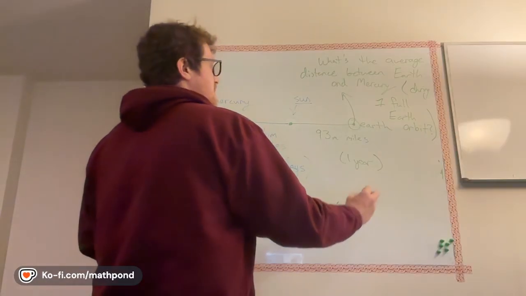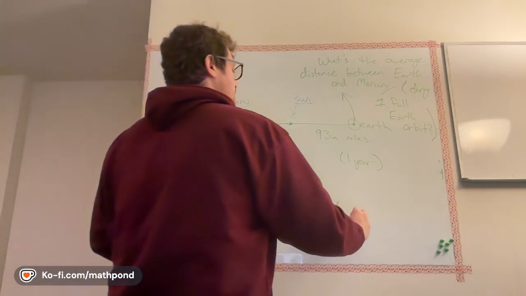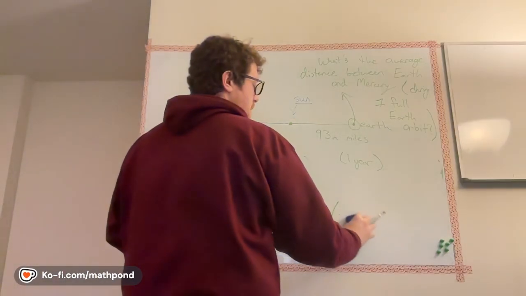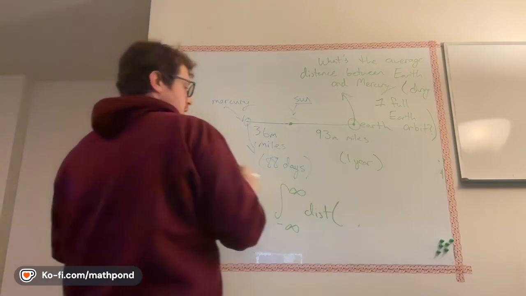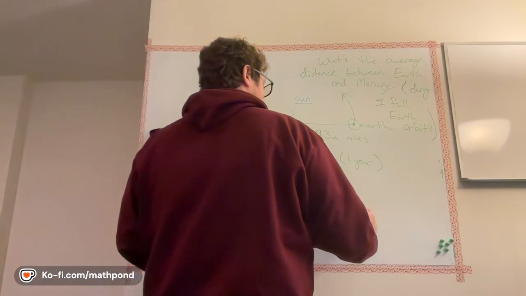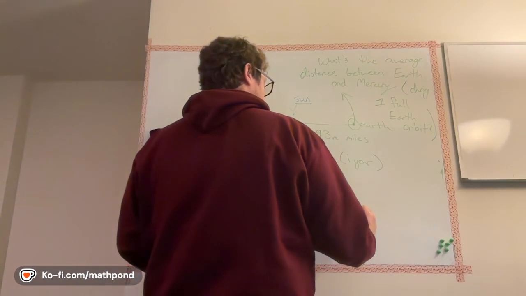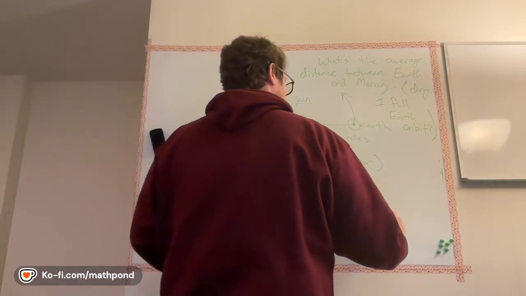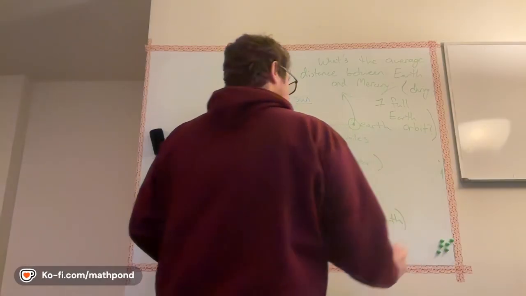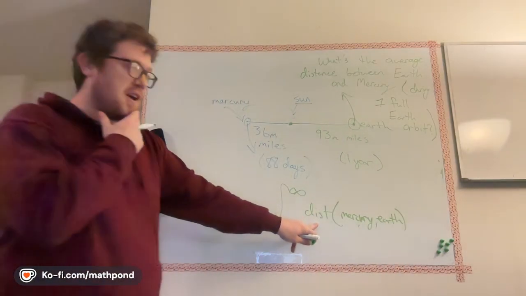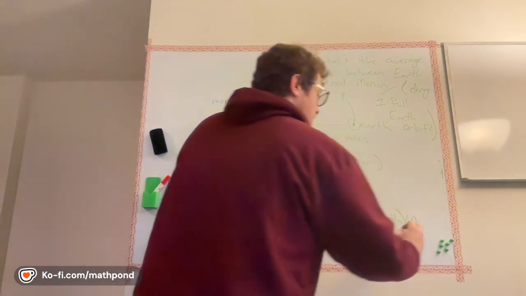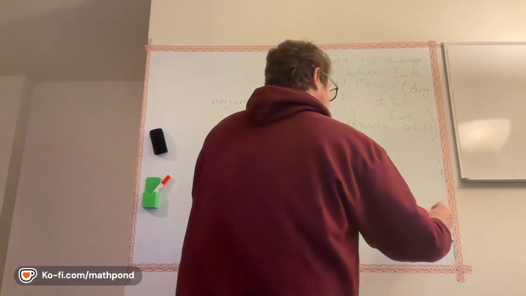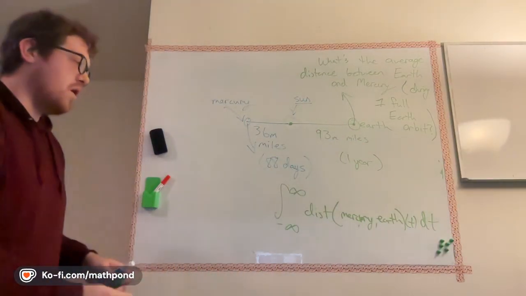So it's going to be the distance from the sun to the Earth. Or sorry, not the sun. The distance from Mercury to Earth. And this is going to be a function of time, right? So this is a distance function as a function of time, and it's going to be dt. Sorry, average.